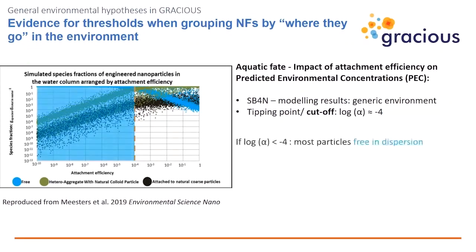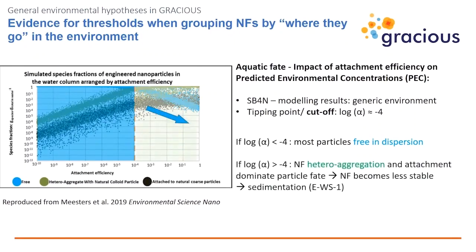And when you're below this threshold, most of the particles remain free in dispersion, so you have a stable dispersion of your nanoform. However, once you go beyond this threshold, heteroaggregation and attachment dominate the particle fate, so your nanoform becomes less stable as the attachment efficiency increases, and you might lead to sedimentation and identification of sediment toxicity as being relevant for these particles, for example.